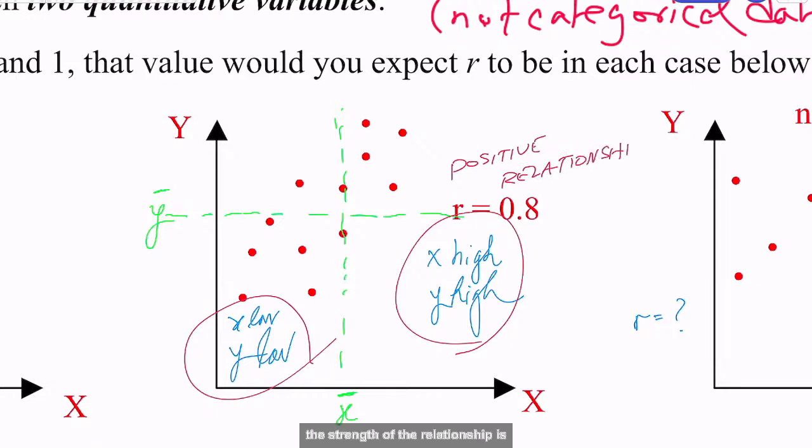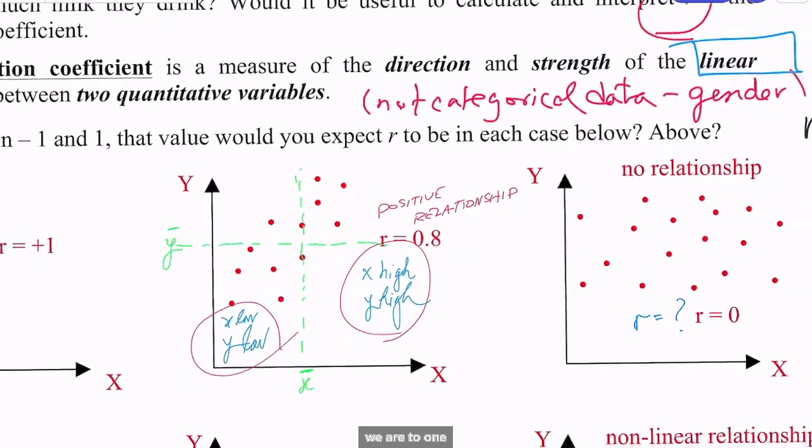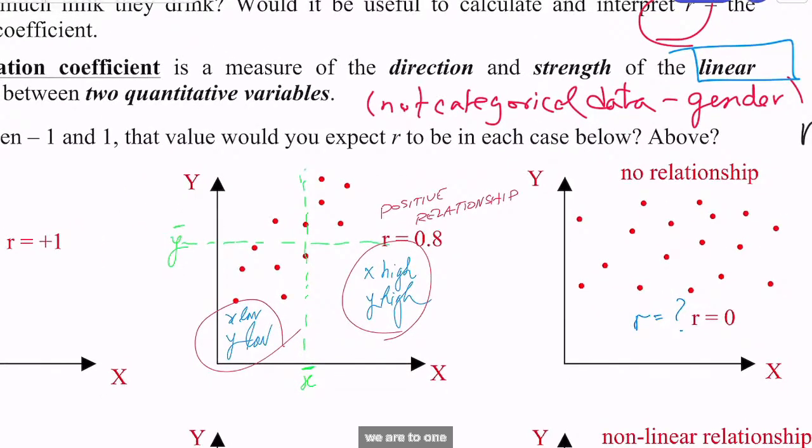The strength of the relationship is reflected in how close we are to one. And in the graph, it's how consistent that interpretation is.